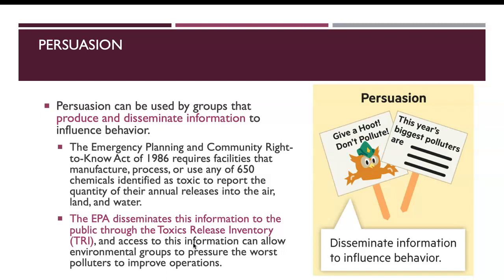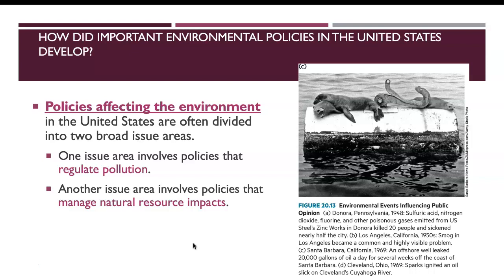And the EPA publishes those data so the public knows who has the biggest release and who has the least release. That kind of pressure uses environmental groups to pressure the behaviors of those corporations and company operations.